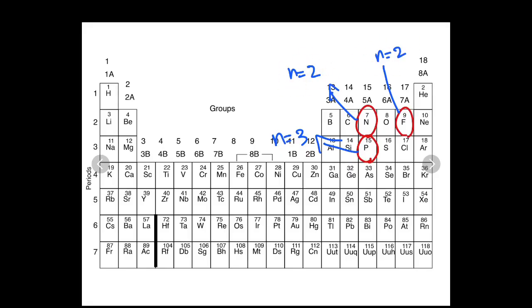So in this case, if you add more electrons, nitrogen accepts 3 more electrons. Let me actually write the word add instead of positive: add 3 electrons. Phosphorus, you're also going to add 3 electrons. Fluorine, you're going to add only 1 electron.